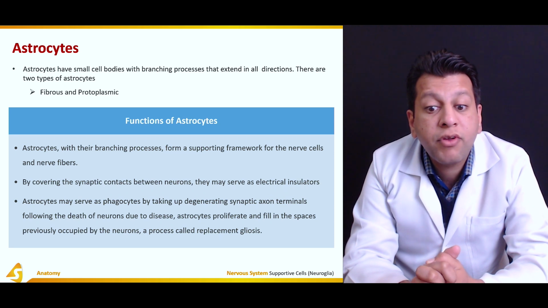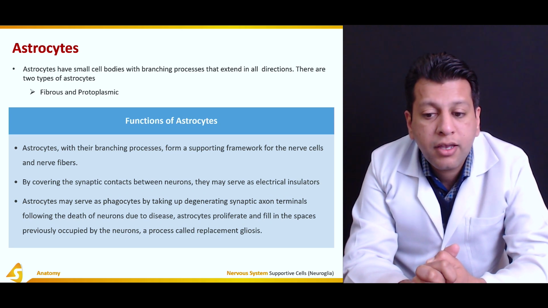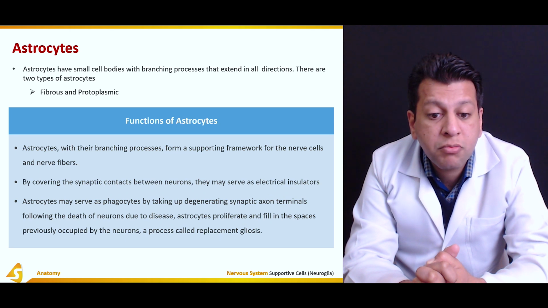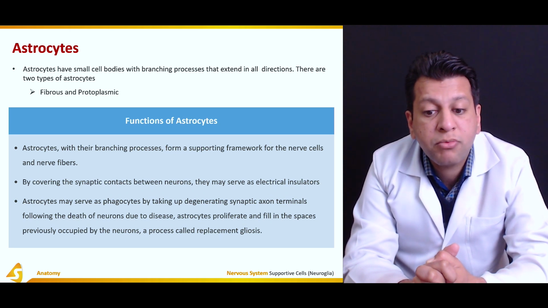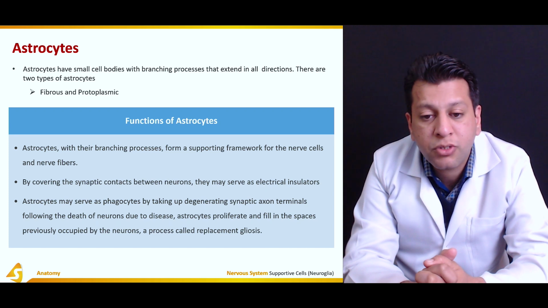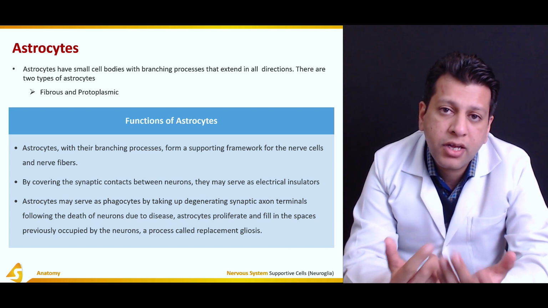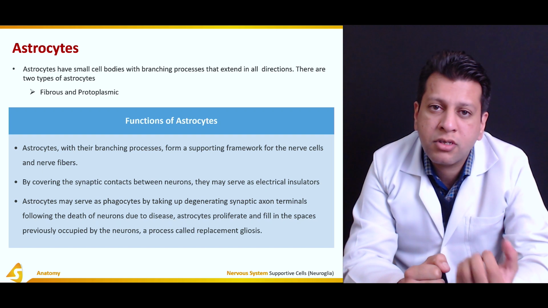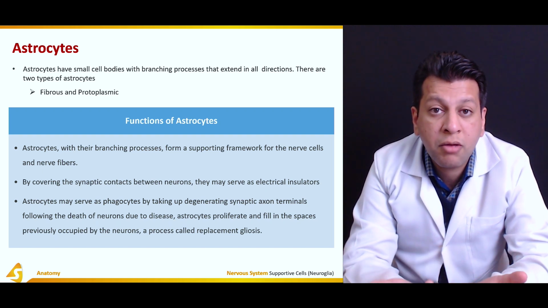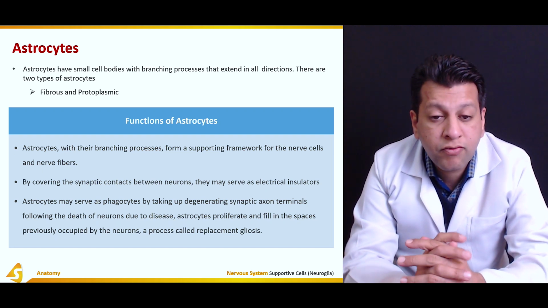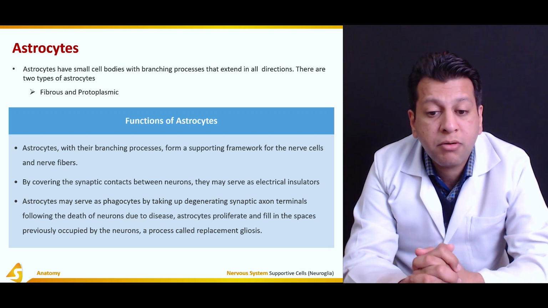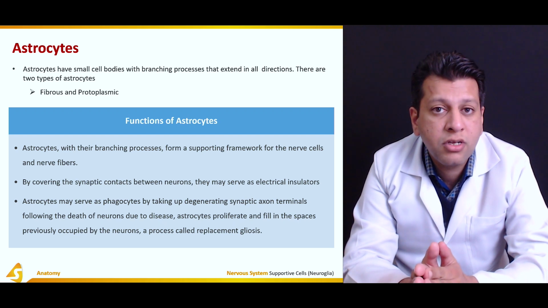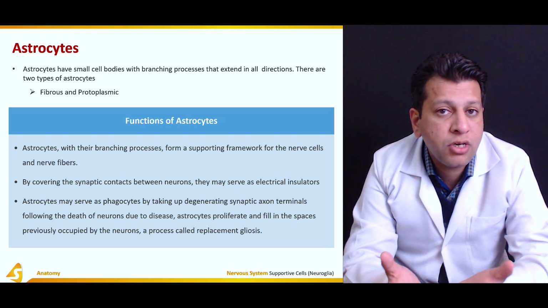Astrocytes may serve as phagocytes by taking up degenerative synaptic axon terminals following the death of the neurons due to disease. Astrocytes proliferate and fill in the spaces previously occupied by neurons, a process called replacement gliosis. For example, in multiple sclerosis or other diseases, if neurons are damaged, or if there's amyloidosis and the neurons become damaged, the problem is that these neurons do not regenerate, and the space cannot just be left alone.